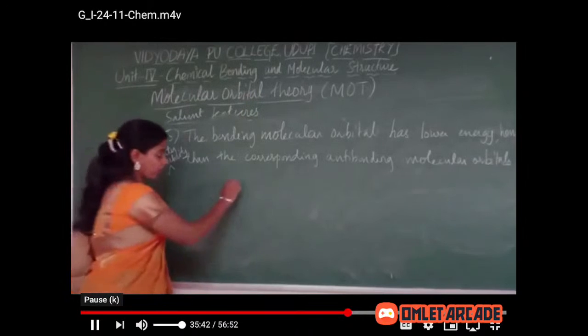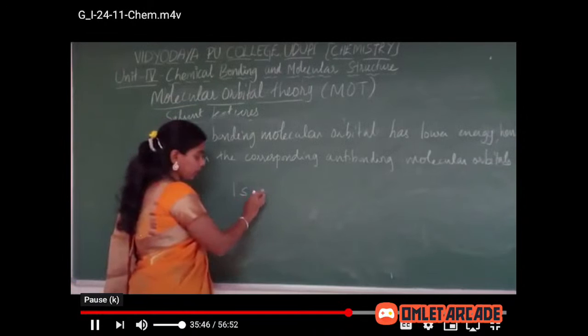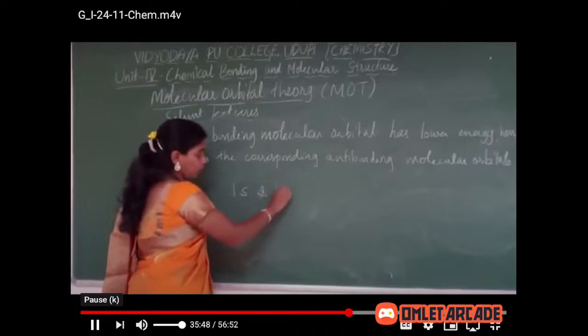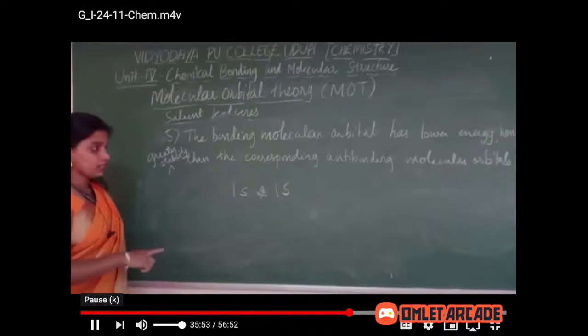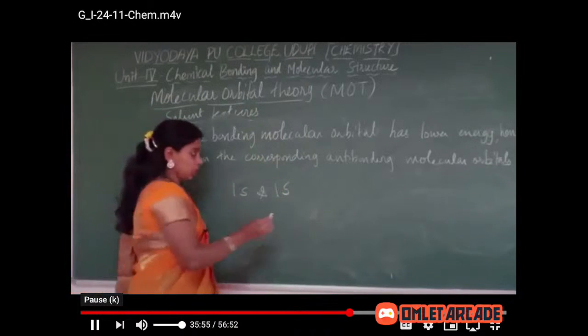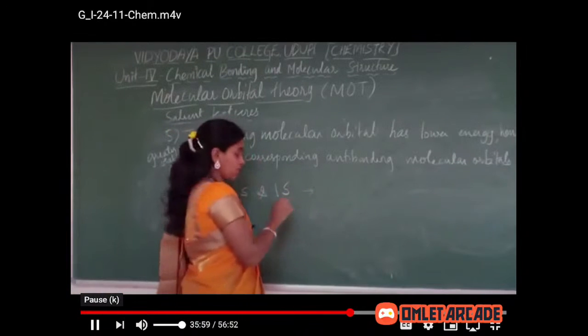For example, the 1s atomic orbital will combine with the 1s atomic orbital of the other atom. It forms two molecular orbitals, that is bonding molecular orbital and antibonding.